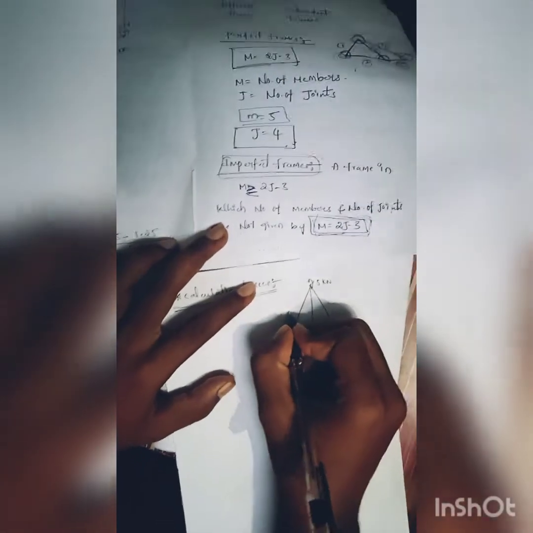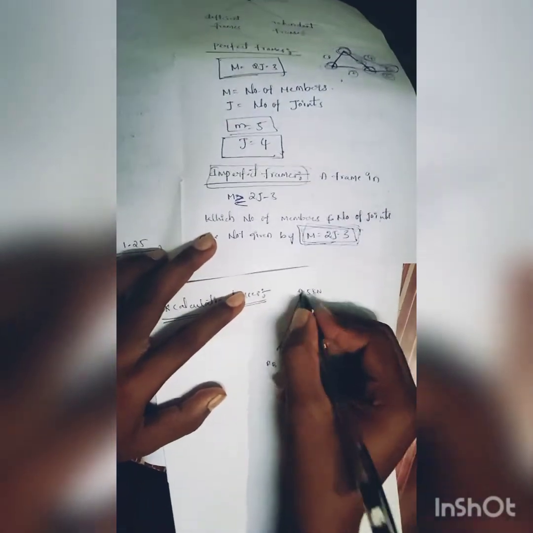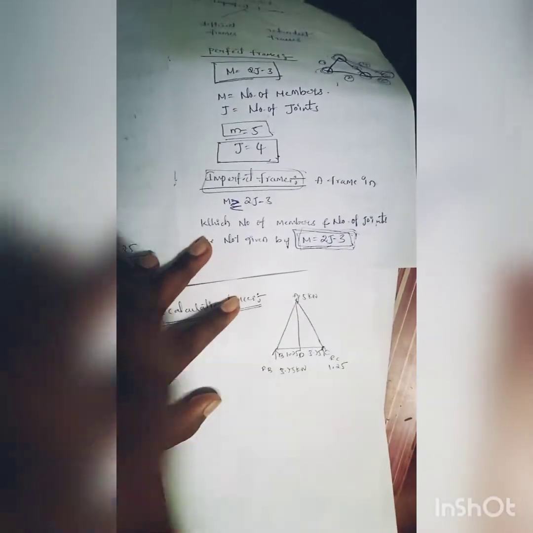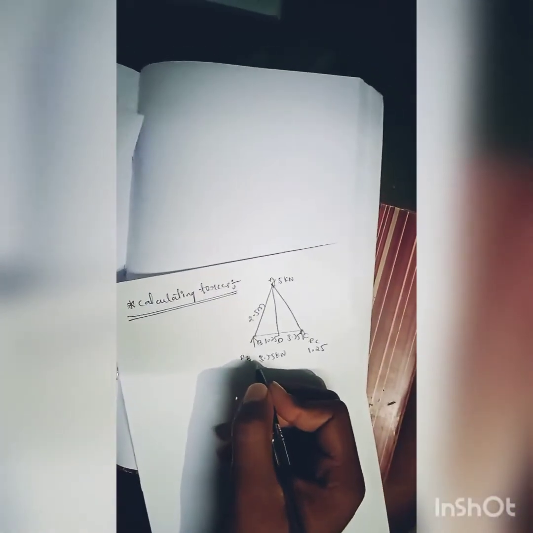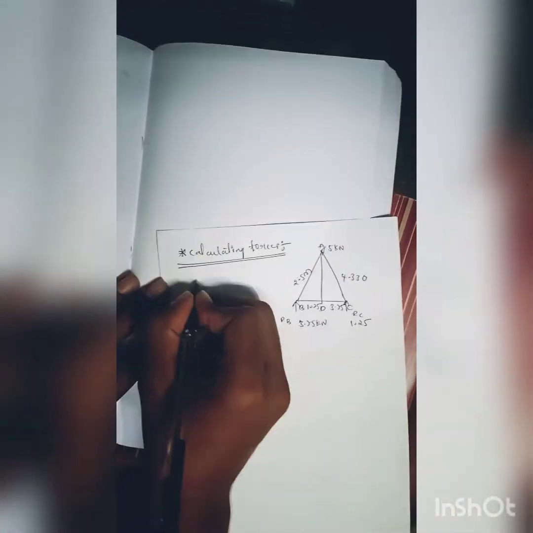B to A we got 2.5 meters, and this A to C is 4.330.